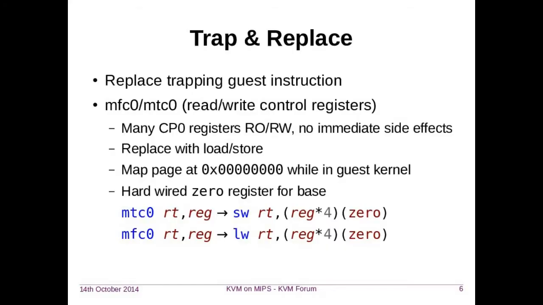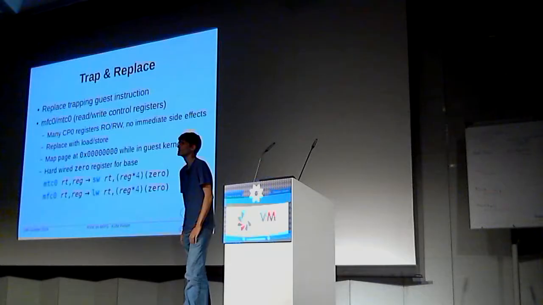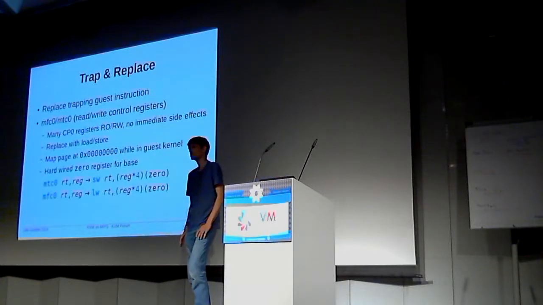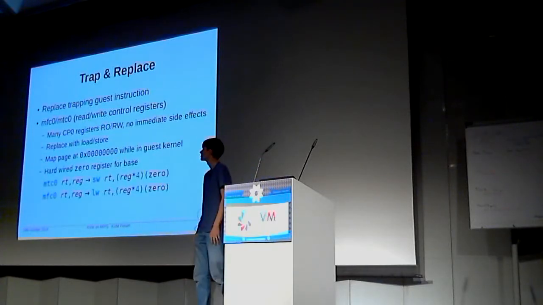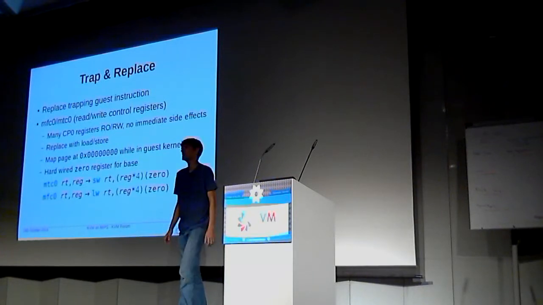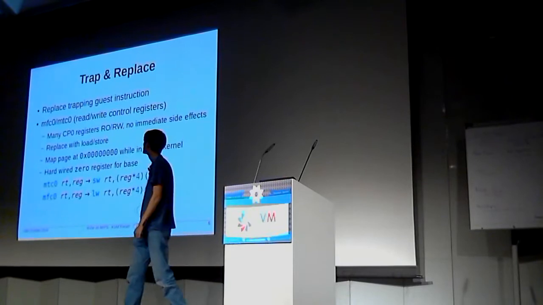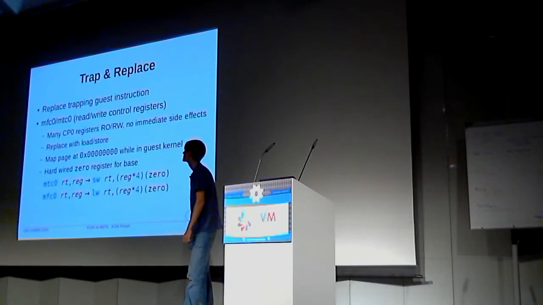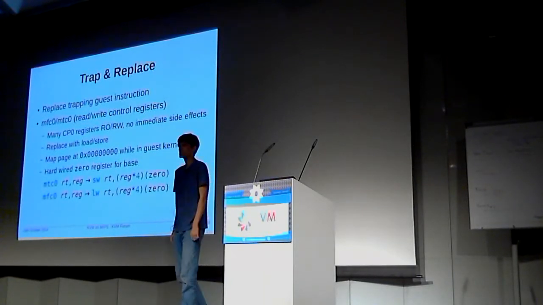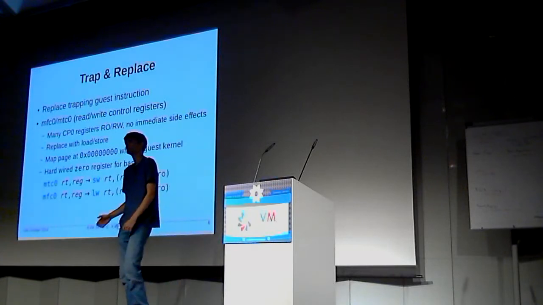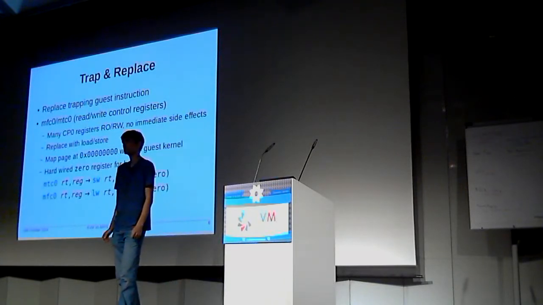Obviously, if you're doing lots of trapping and emulating of instructions, a lot of privileged instructions actually happen quite frequently, and that incurs a big overhead. So one of the techniques used to mitigate this is to replace instructions on the fly, the first time they're emulated, with instructions that don't trap.